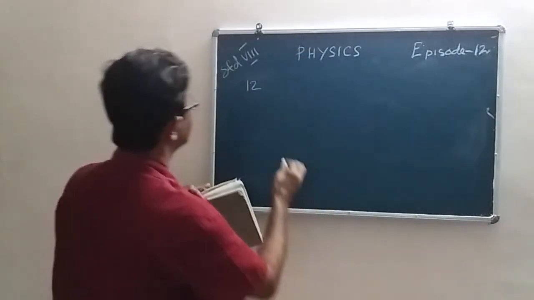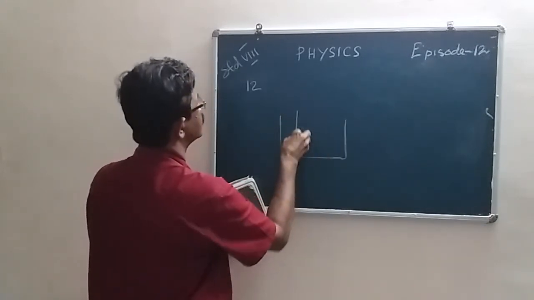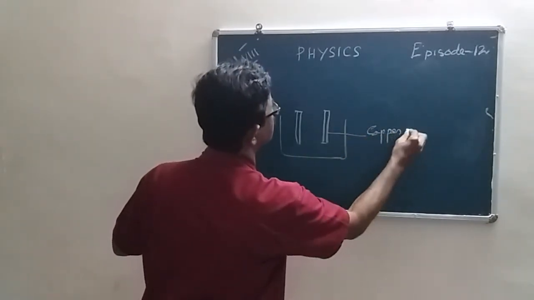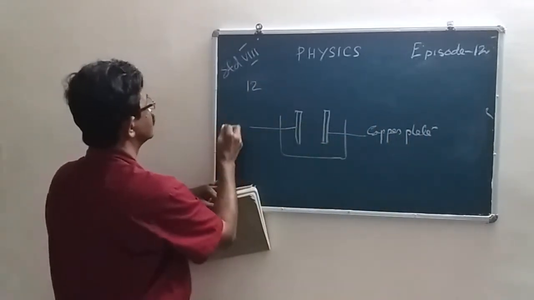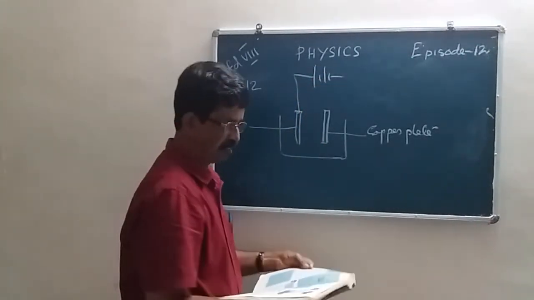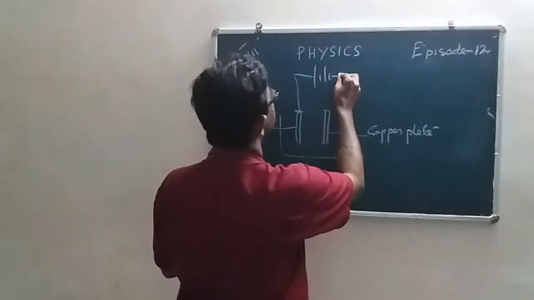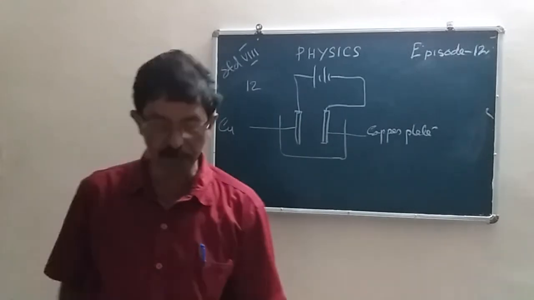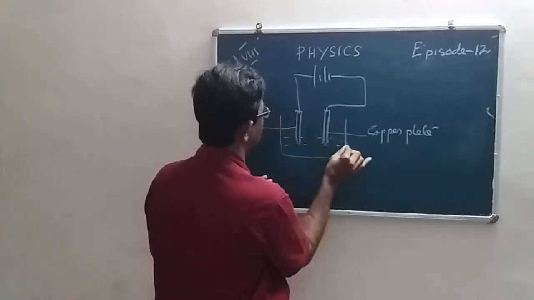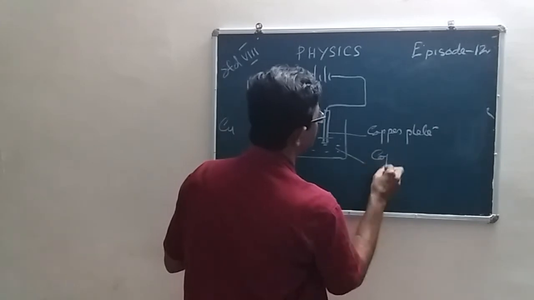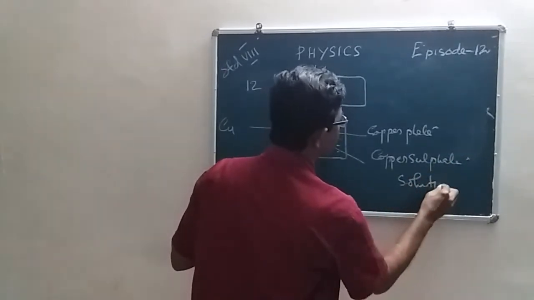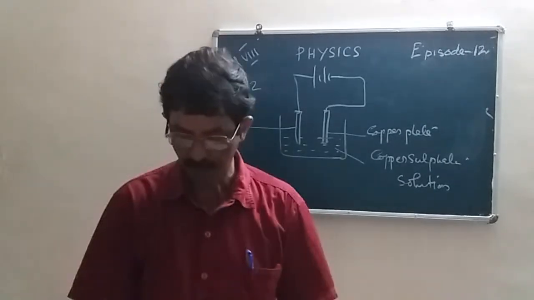That is the 14.6, this one. This is activity 14.7. Here also, copper sulfate solution. Now we can go to the question.